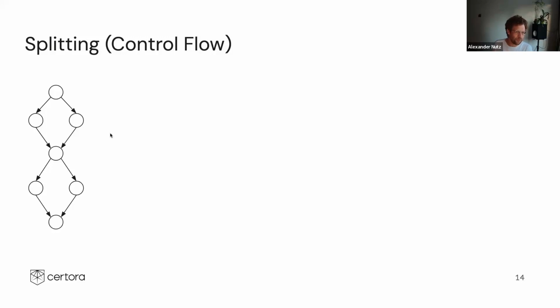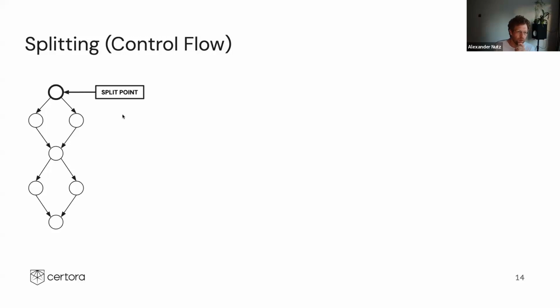So let's say we have this silly control flow graph that looks like this. We call these diamonds, so two diamonds in a row. Now what the tool does, in order to break the problem down into simpler subproblems, is it just picks a node.